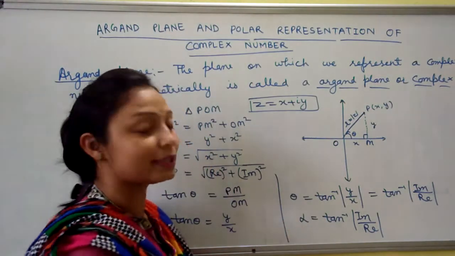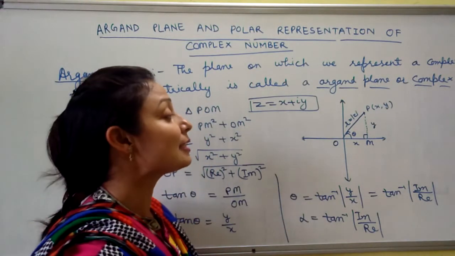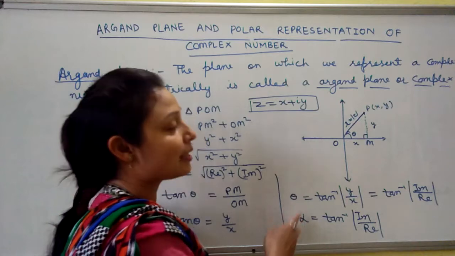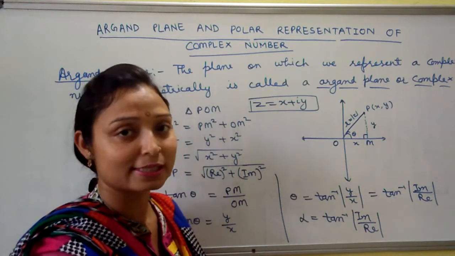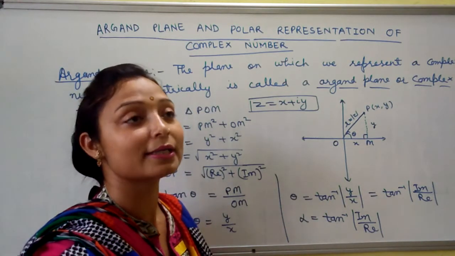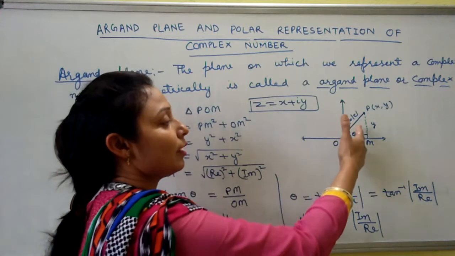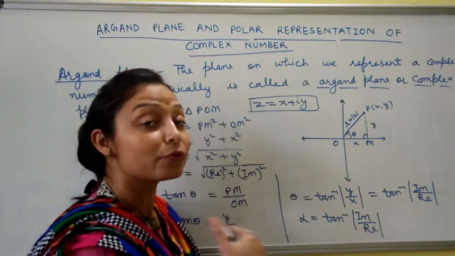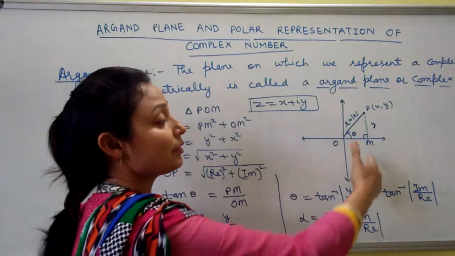So I will convert this theta into alpha. Okay, it is in the first quadrant, that's why both are the same. Now let's talk about the quadrants: how we can find theta when they are in different quadrants.